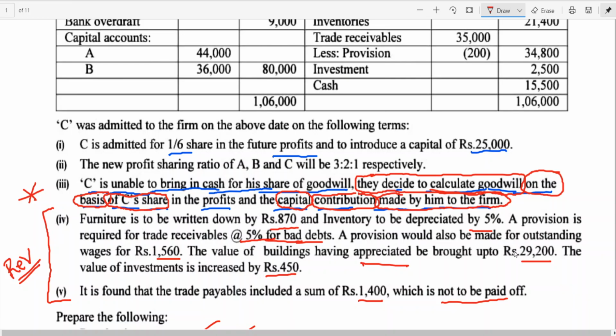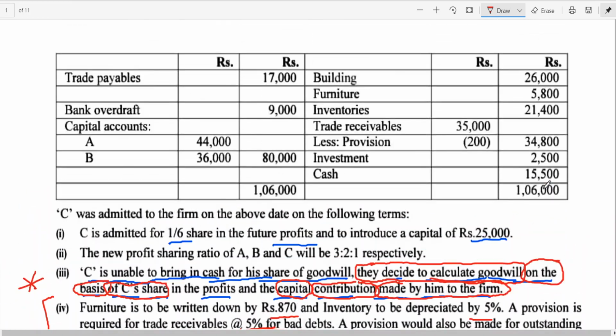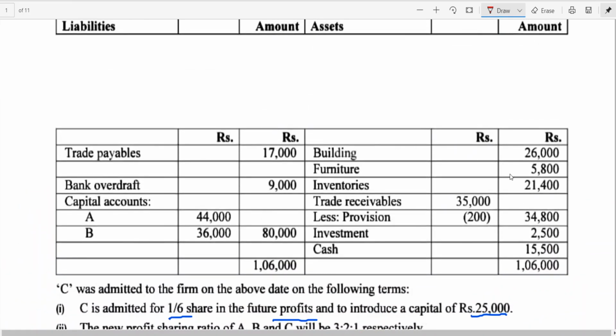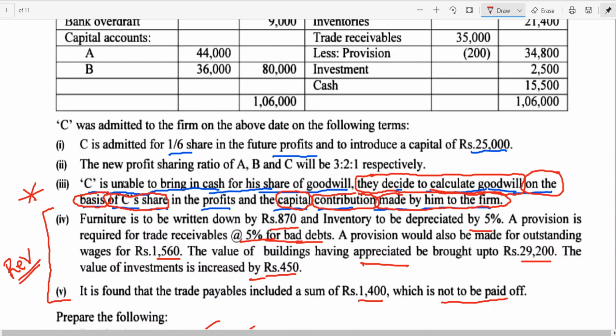When brought up to, means present value is 29,200. That means there is appreciation of how much? 3,200. But value of investment increased by means specific amount has been given. When 'to' is given, you should pick up from the balance sheet and compare this value. When 'by' is given, that particular amount has been increased. I think these two will be taken to revaluation account.